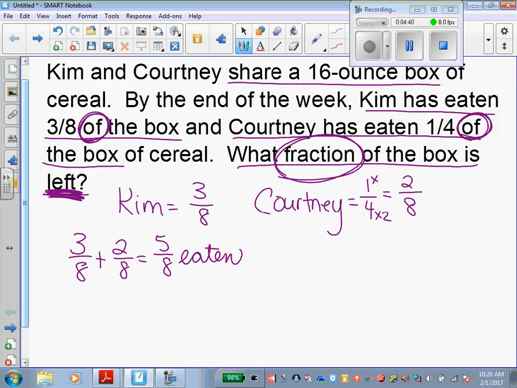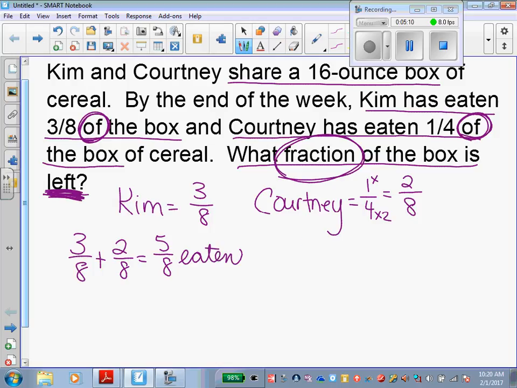But the question says what fraction of the box is left. So if we ate 5/8, what fraction would represent the whole entire box of cereal? Addie. If the whole box of cereal is represented as a fraction, what fraction would equal 1 whole? 8/8.